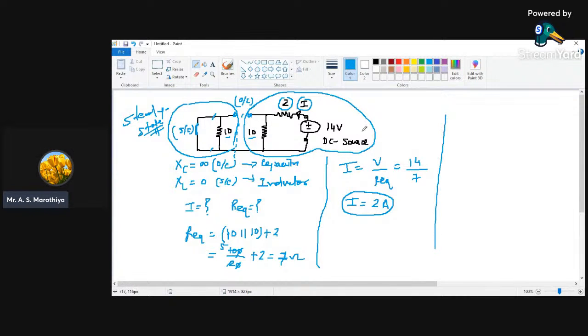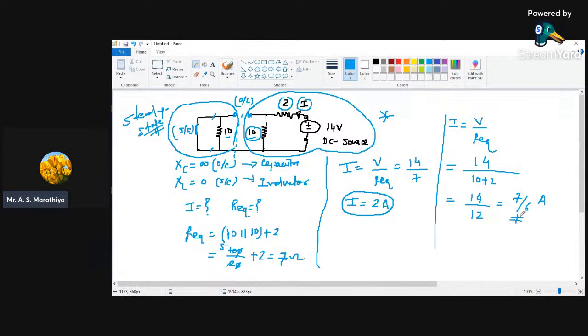So if I calculate the value of I, it is going to be V by R equivalent. V is 14 divided by R equivalent. R equivalent is this 10 ohm resistor in series with this 2, so 10 plus 2. I can write 14 divided by 12, so this is going to be 7 by 6 ampere.